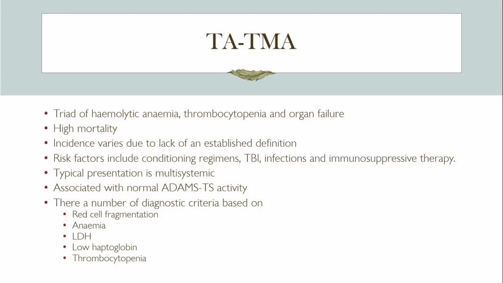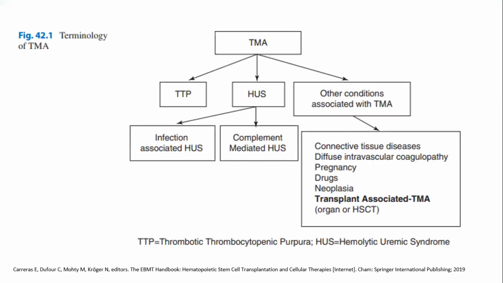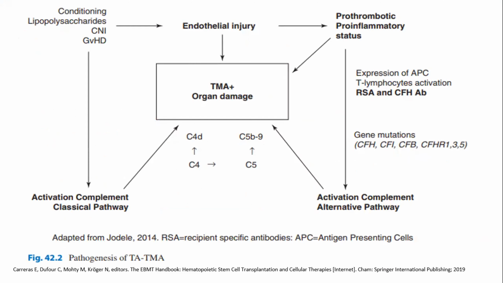There are a number of diagnostic criteria, and they're based on red cell fragmentation, anemia, a raised LDH, low haptoglobin, and thrombocytopenia. This is where they would fall under causes of TMAs. What's important is that the pathogenesis is actually thought to be a 2-hit pathogenesis, with the first hit, as you can see over here, being early in transplant, while the patient is still aplastic, and it's caused by the conditioning regimen.